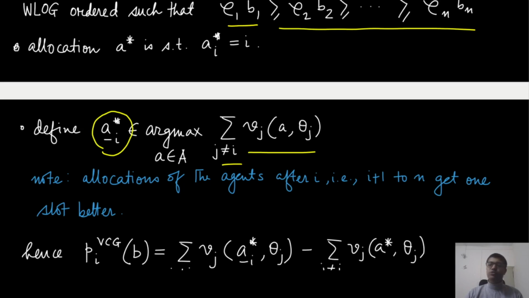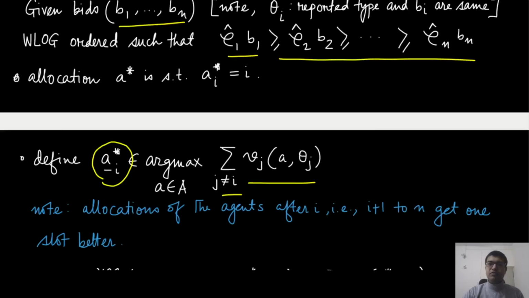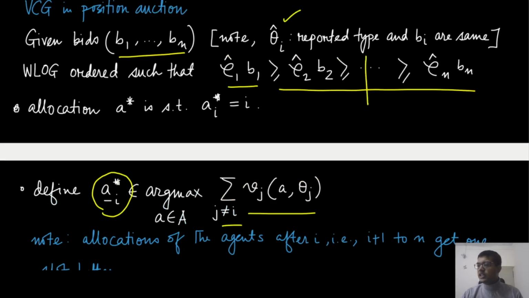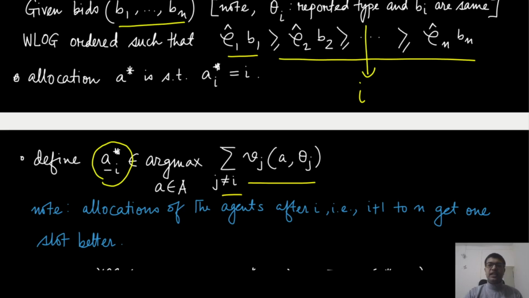So if you just remove one agent, let's say from this list we are just removing agent i, then the sorted order remains the same. All that happens is the (i+1)th agent has now got the ith slot, and every later agent has actually got a promotion of one slot above, and that is the only change that will happen when you remove someone.